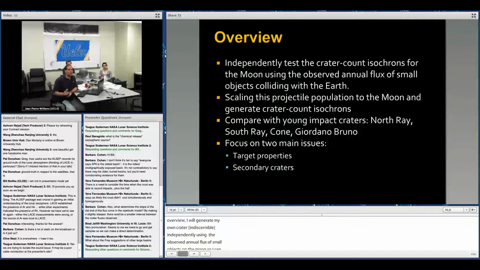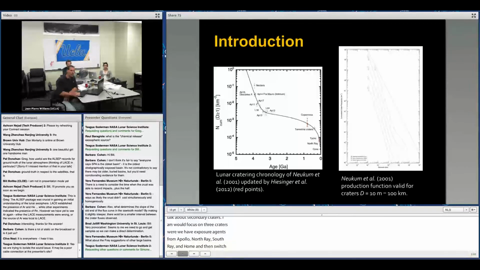And specifically, I want to focus on how different target properties can influence the results, and also talk a bit about secondary craters. I'm going to focus on 3 craters where we have exposure ages from Apollo, North Ray, South Ray, and Cone Crater, and then change gears and talk about Giordano Bruno, one of the far side young craters that we heard a bit about this morning.